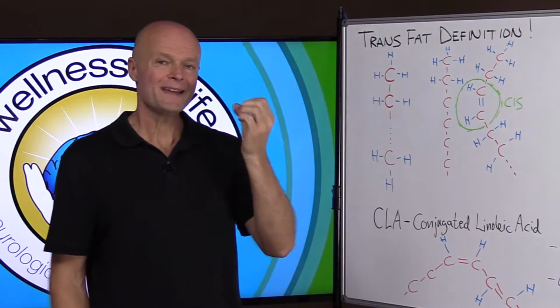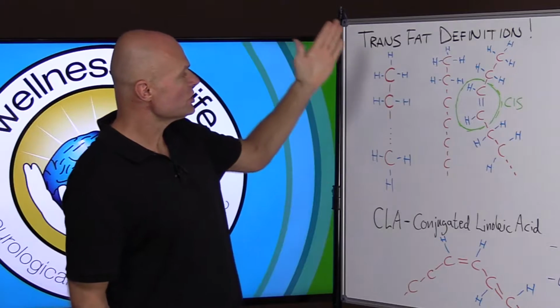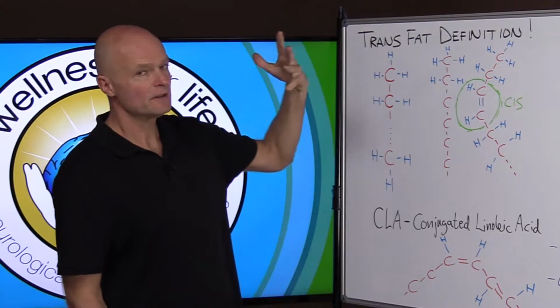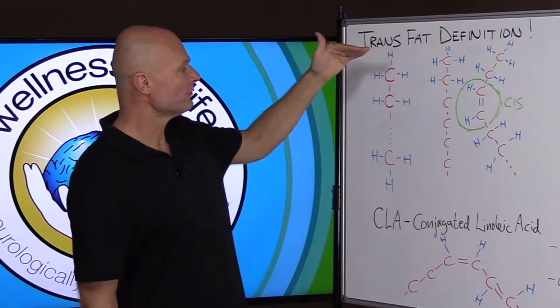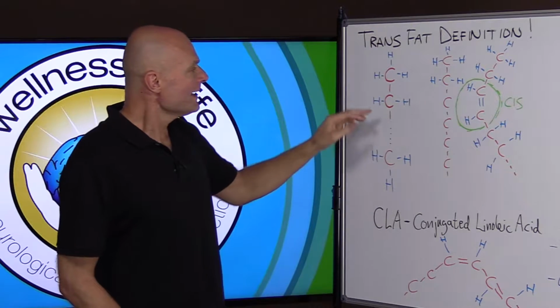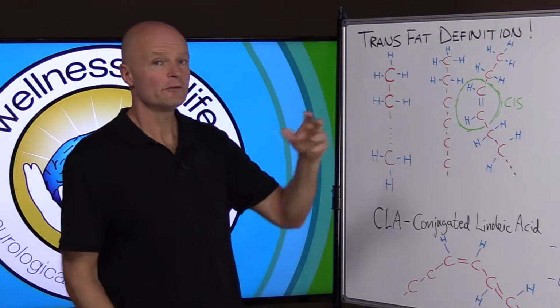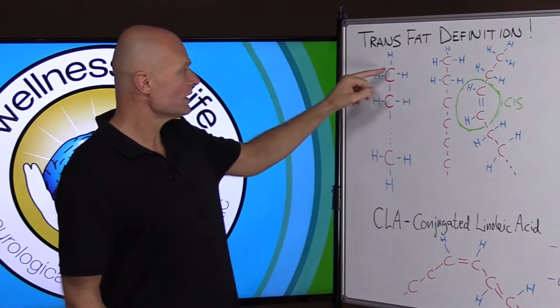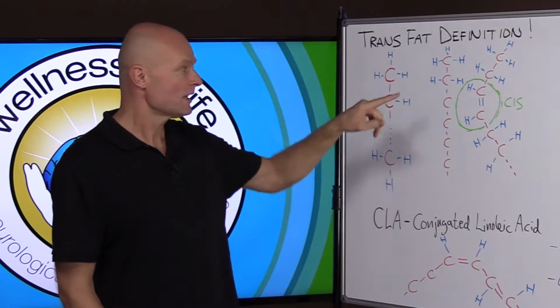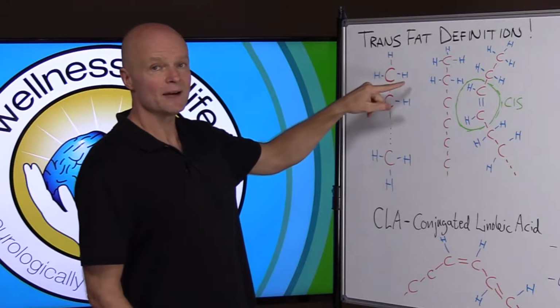So a fatty acid is a chain of carbons linked together. Usually the fats we eat are anywhere from 4 carbons up to 20-ish. And each carbon can connect with 4 different things. So it connects to another carbon, and that leaves it 3 other connections. And at the one end, it connects with 3 hydrogens.